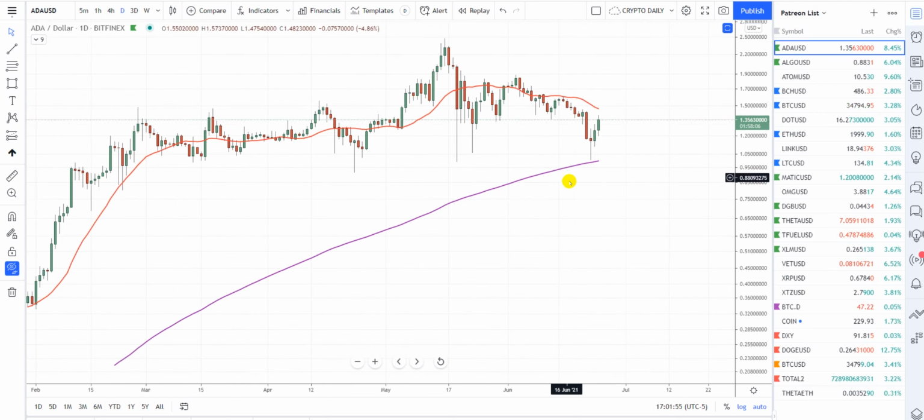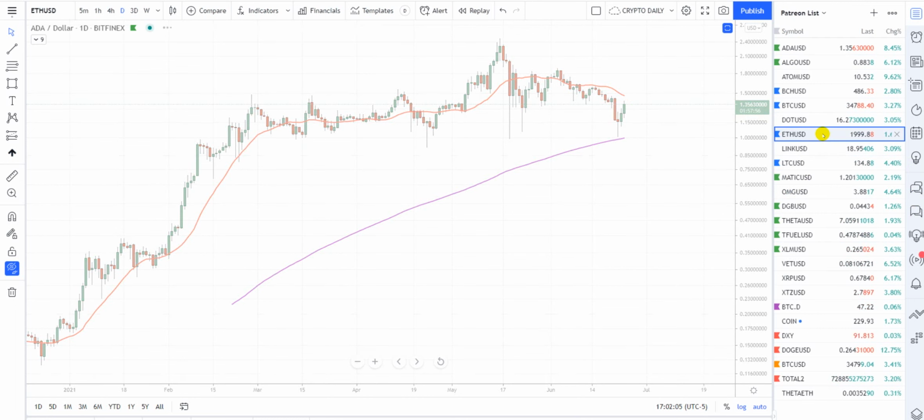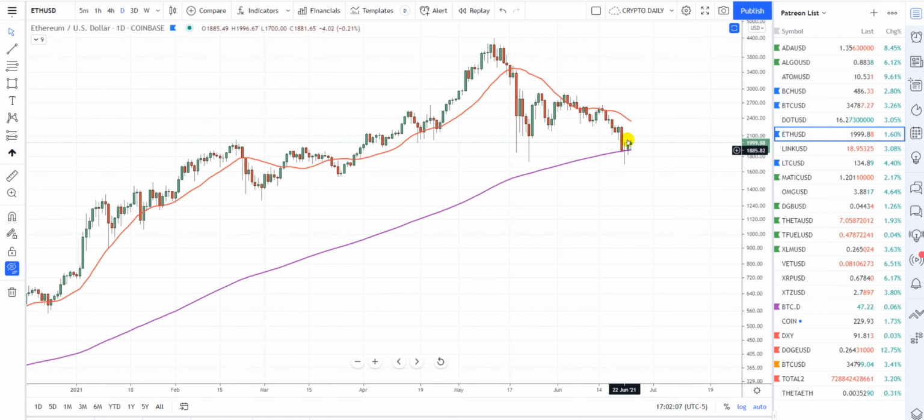But anyway, as you can see, we bounced off the 200, so we're over it, but just under the 20 on ADA, which is positive, bullish. Ethereum, as you can see, is trading somewhat the same, but ADA right now is actually a little bit stronger chart-wise than Ethereum.